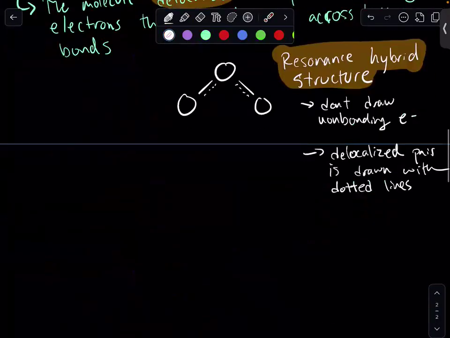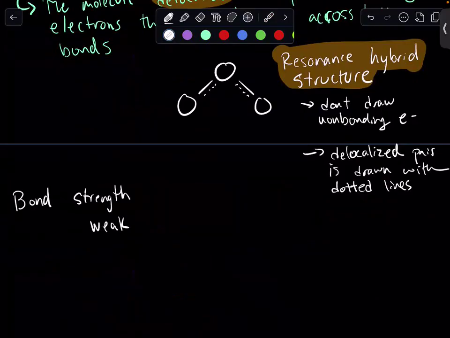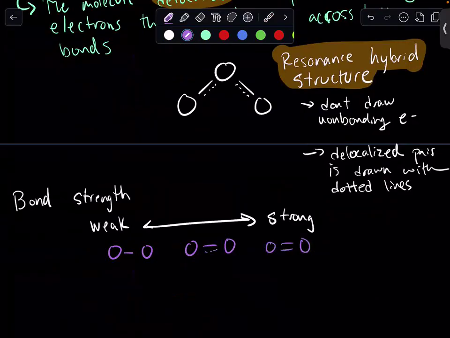So if we were to look at bond strength, and we created a chart from weak to strong, we can look at the oxygen-oxygen single bond being the weakest, then the oxygen-oxygen resonance hybrid bond being next strongest, and the oxygen-oxygen double bond being the strongest.